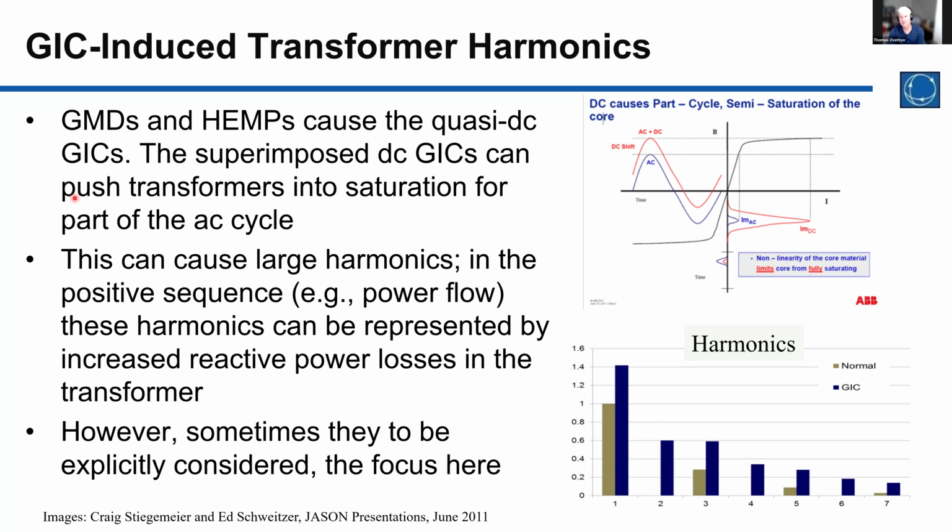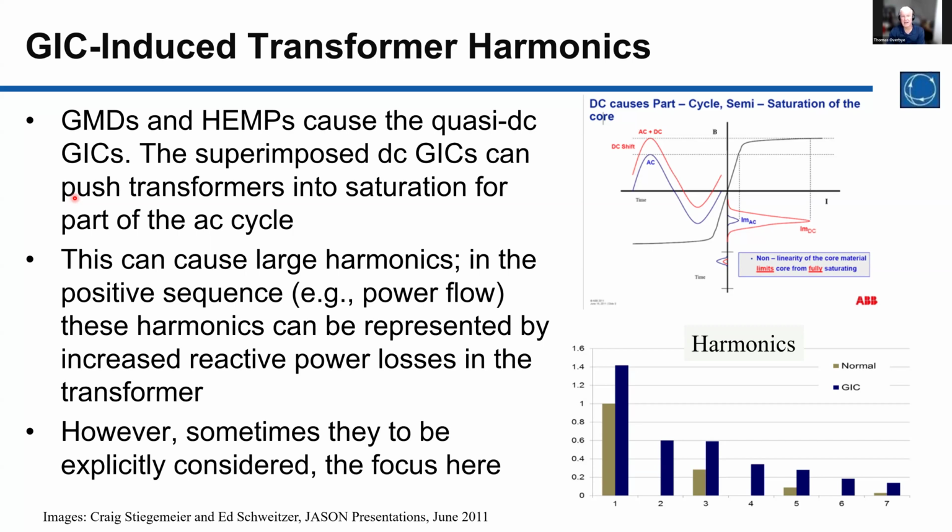When you saturate the system, it causes a distortion in the currents, and when you get a distortion in the currents, you're getting harmonics induced. The image on the bottom shows the harmonics that can be induced because of GICs. You'll have the fundamental, but then you can also get a second, third, fourth, fifth, sixth, and higher order harmonics.